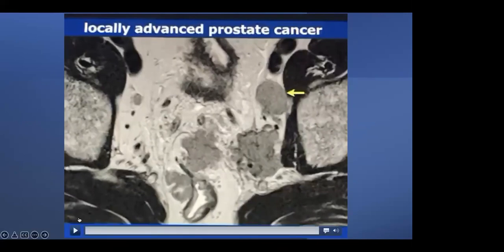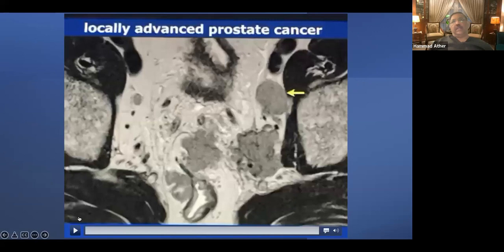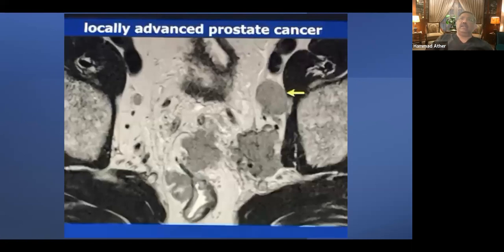Yes, Dr. Hamad. Yes, thank you. Yes, I mean, it is showing a large lymph node. It is going up to the pelvic side walls. It is infiltrating the Denonvillers fascia into the mesorectum, and loss of fat plane between it and the rectum.